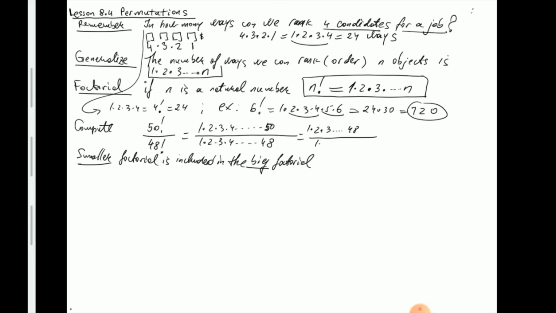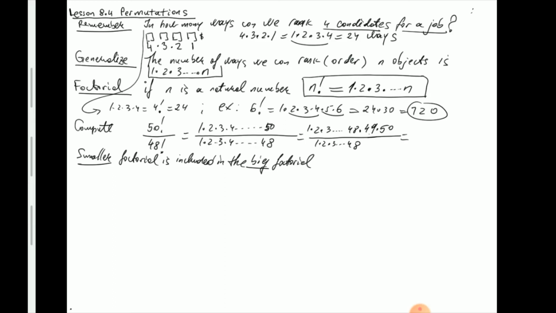Right? So on the bottom you have 1, 2, 3 up to 48. On the top you have all those factors, but of course on top of 1, 2, 3 up to 48 you also have the following ones up to 50. Right? So the previous factor before 50 was 49, the previous before that was 48, and then from that point on all of these guys represent 48 factorial.